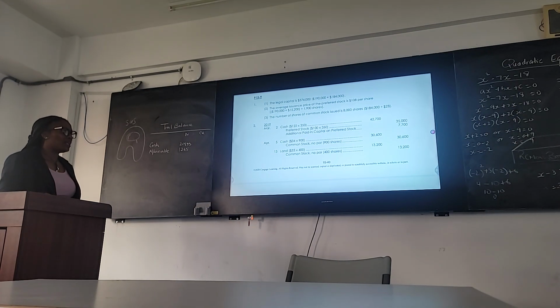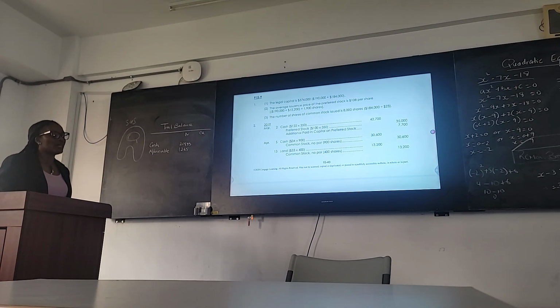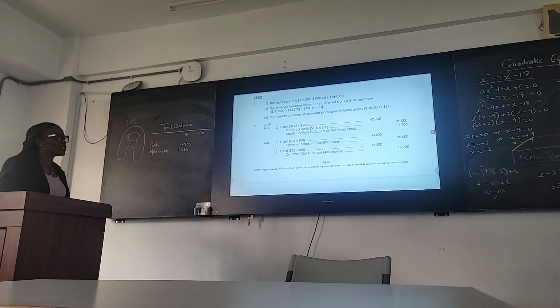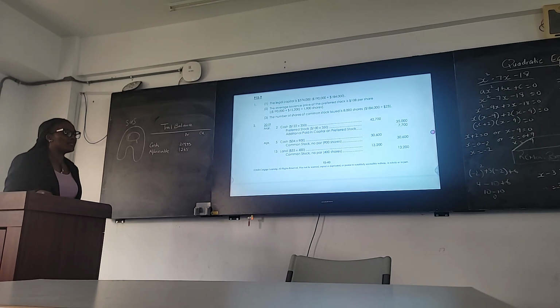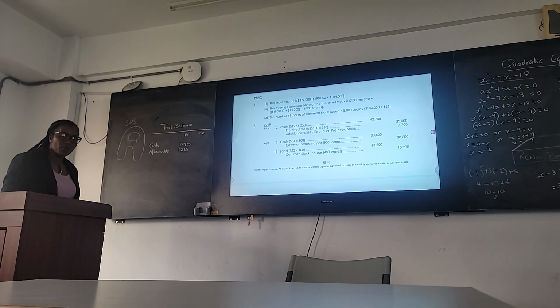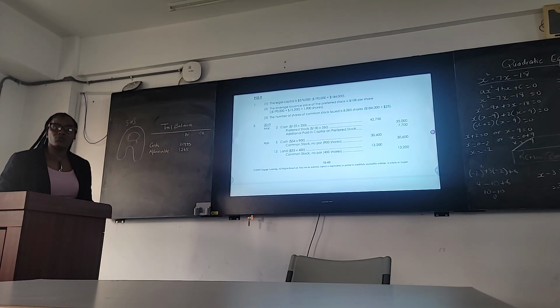Once there's no par value and no stated value, the entire amount will go to common stock. So 34 times 900 is 30,600, debited to cash, and credited to common stock no par, 900 shares, for the same 30,600. If there is no par value and no stated value, whatever you sell the shares for, the entire amount goes to the equity account.